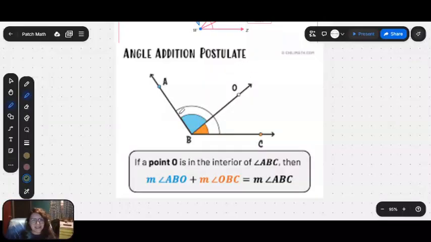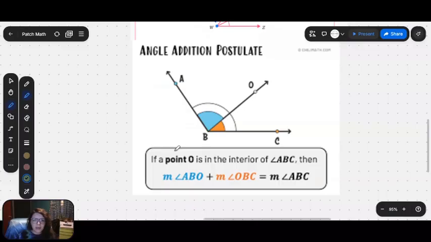You'll see that it says the angle addition postulate here. Look at that image. We've got two adjacent angles there, and an exterior angle. It says if we have a point on the interior of ABC, then we have that ray that was discussed. Then we get the adjacent angles.